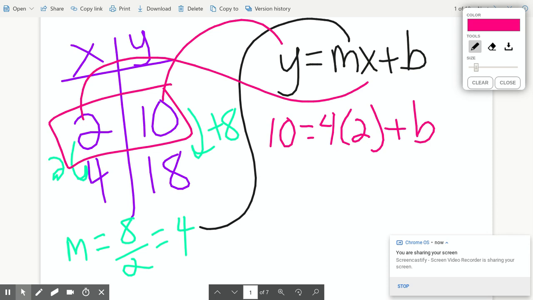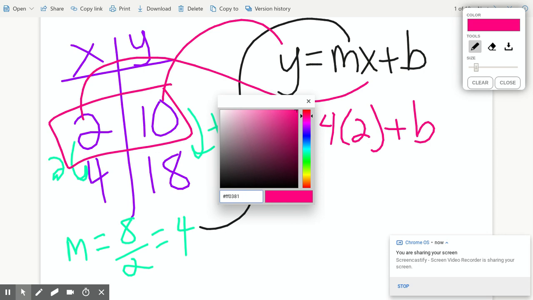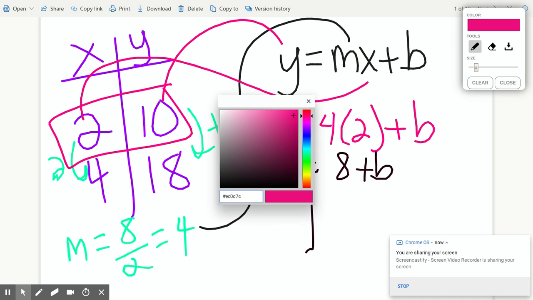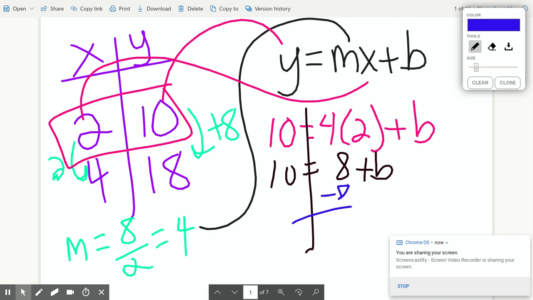Now I have to solve for b. So make my equation, set the line down the middle, figure out what 4 times 2 is. 4 times 2 is 8 plus b. And then you subtract 8 from both sides. Let's fix that 8. Okay, subtract 8 from both sides.